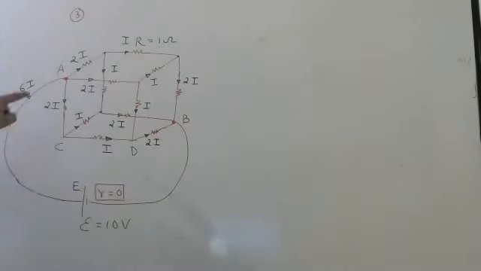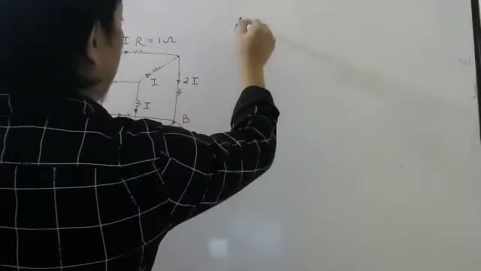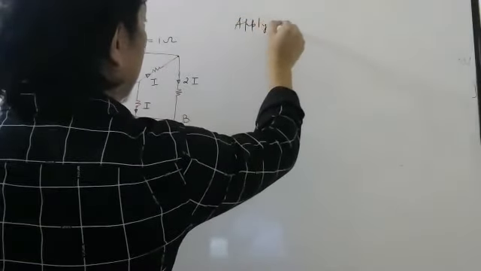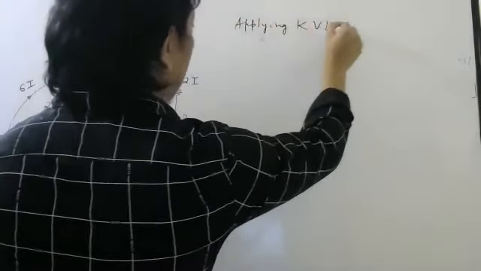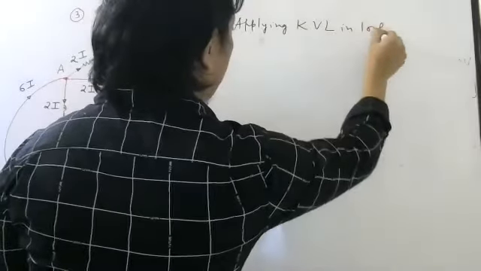Now we want to calculate this I. So we will apply KVL in this loop. Let me call this A, this C, this B, and this battery point E. No problem. I'm going to apply KVL in a loop.